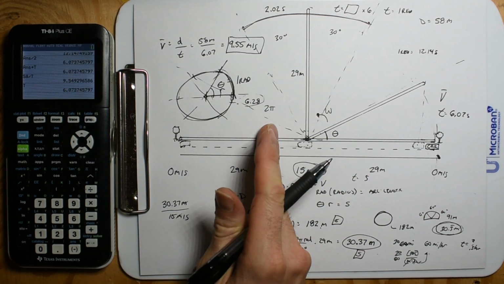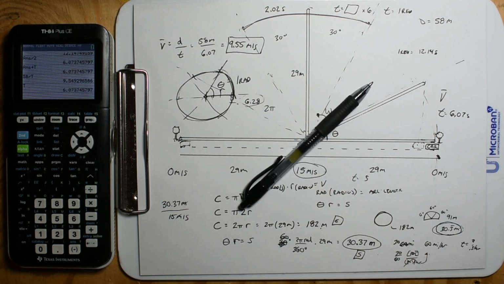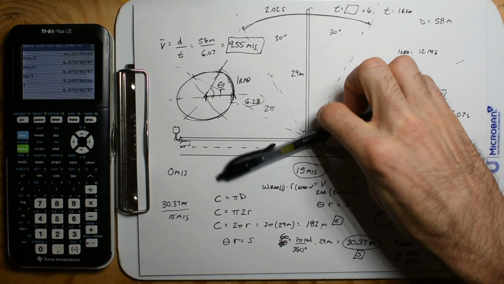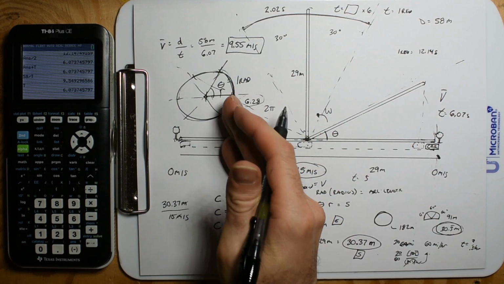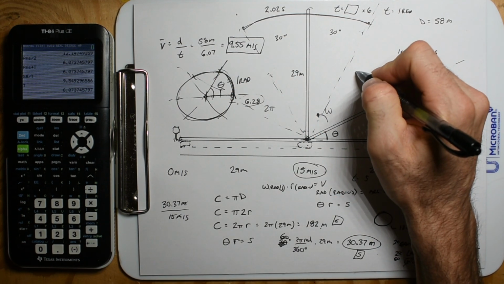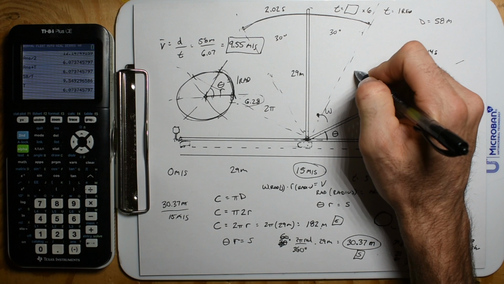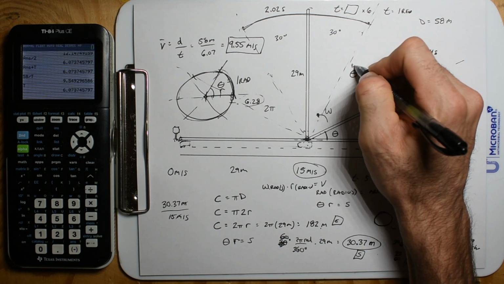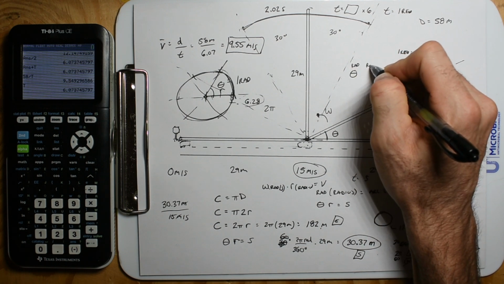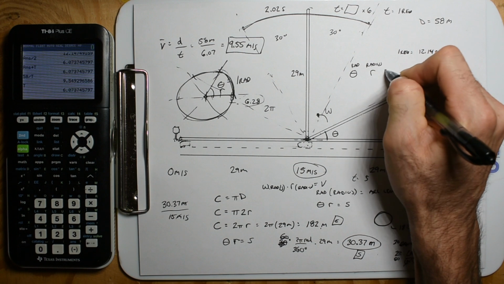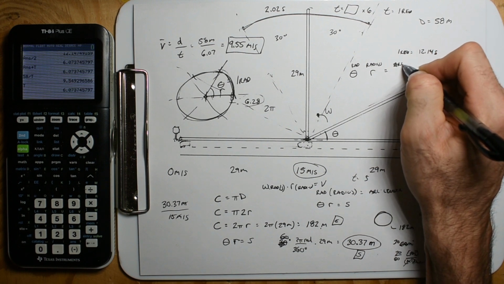And that's useful. It's useful by its definition because radians times the radius is the arc length. And that's by definition.